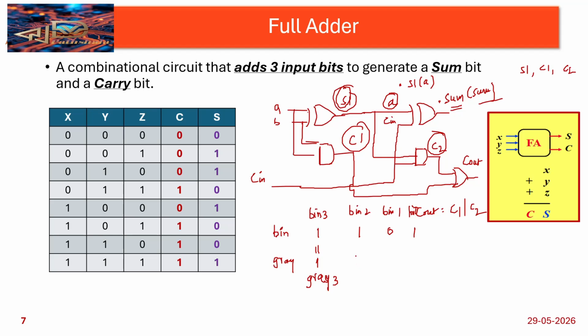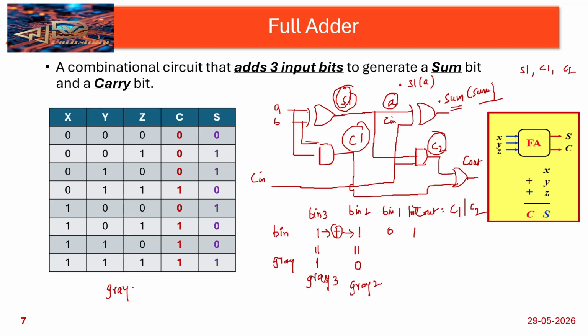And then do the XOR operation between B3 and B2, binary value 3 and binary value 2. 1 XOR with 1 is 0. So then you are getting the output like gray 2.